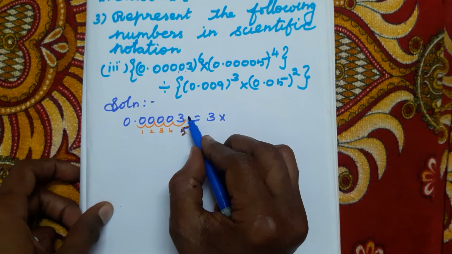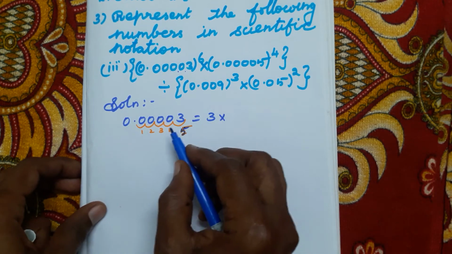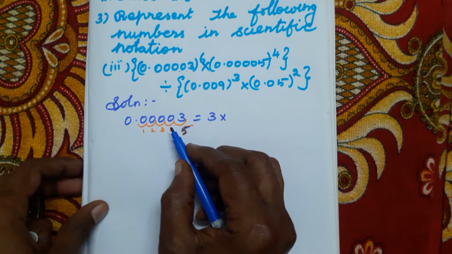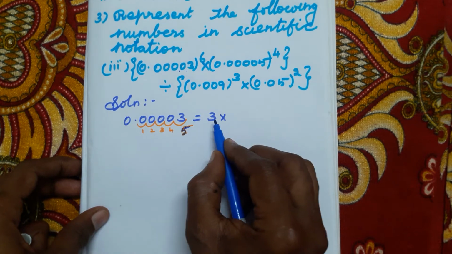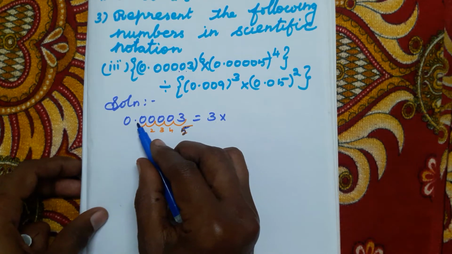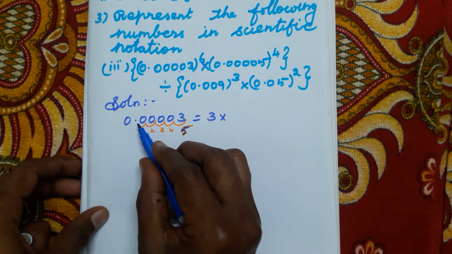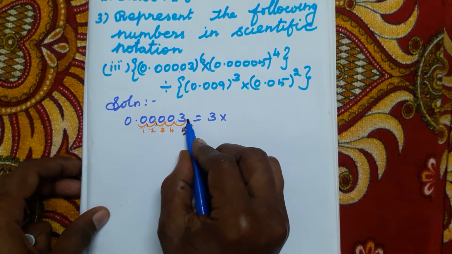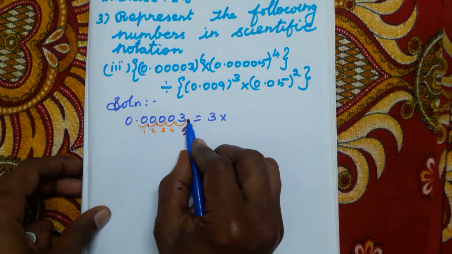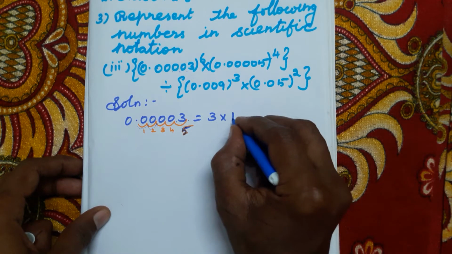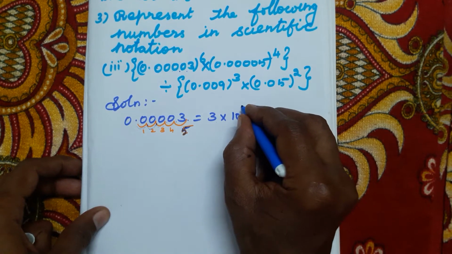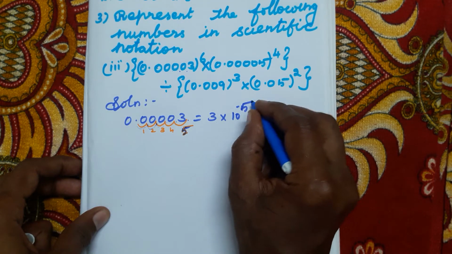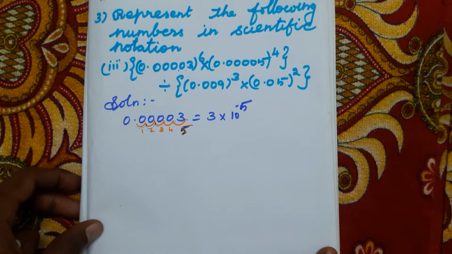So when we write this in scientific notation, what will we get? 3 into, decimal place, now it is here 1, 2, 3, 4, 5. 5 places we want to move to the right side. So we get 10 power minus 5.